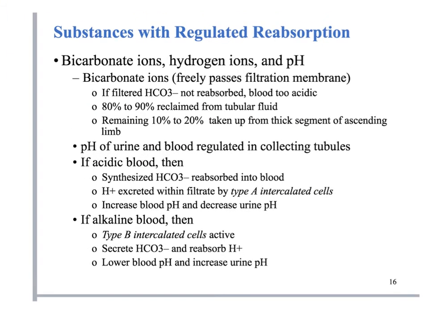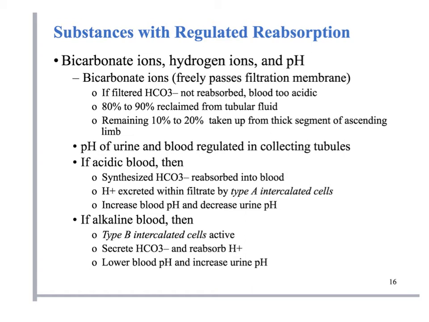Other examples, bicarbonate ions, hydrogen ions, and pH. This is important. These two, bicarbonate and hydrogen, help regulate blood pH through the buffer system that we discussed in blood. So CO2 is moved from waste cells, from the interstitial fluid, into the blood and is transported to the lungs in the form of bicarbonate ions.